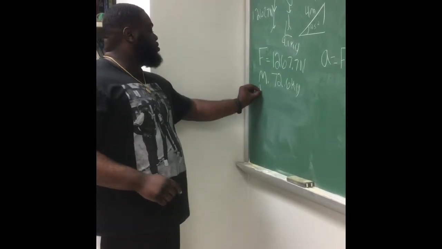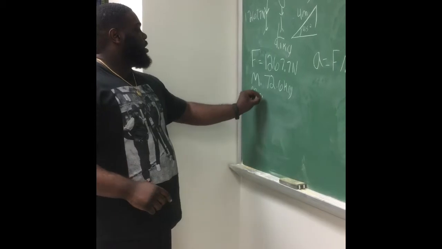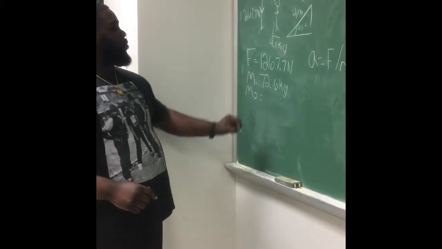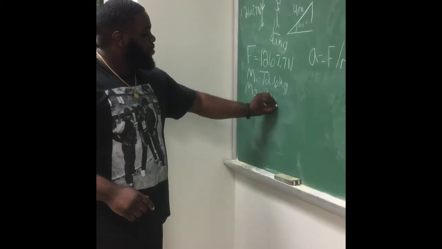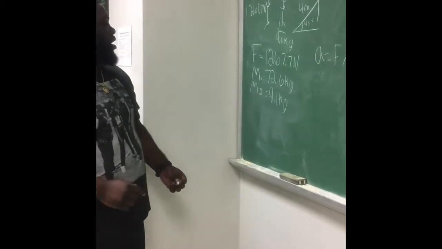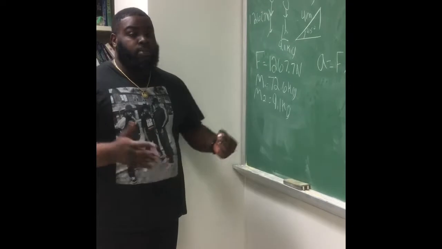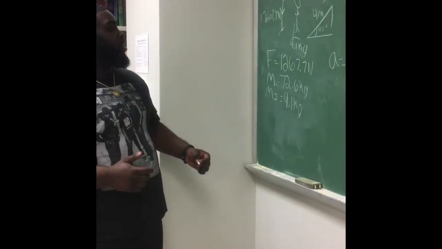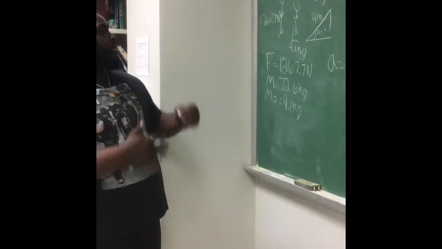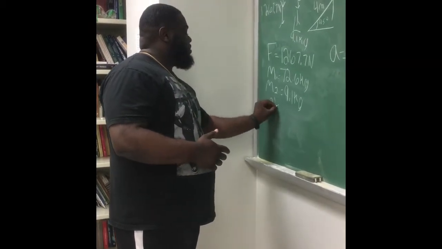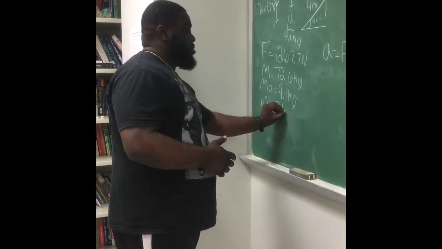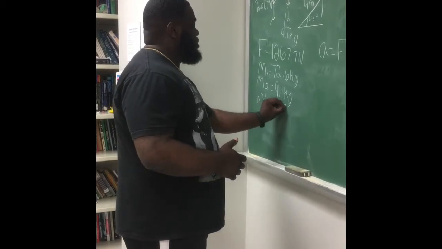And then our M2 is going to be the chair, which is 9.1 kilograms. All right, and we're going to do an M prime, because the M prime is going to be the total amount that's getting pushed up, which is 81.7 kilograms.